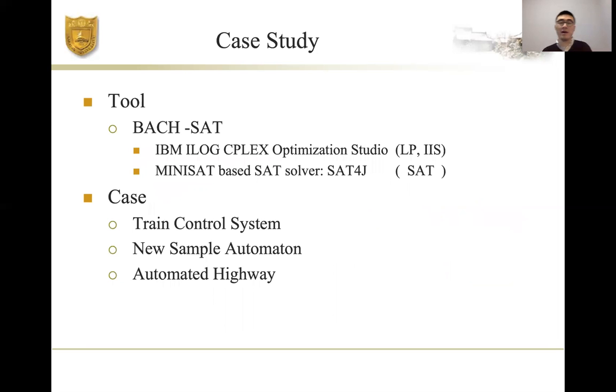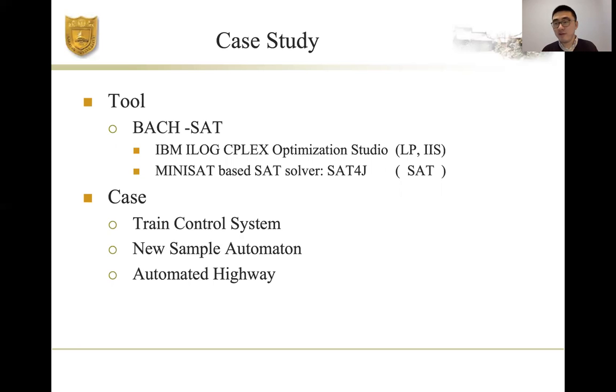Okay, now we give some case studies. First, based on this idea, we build a new tool which we call BarSat. We use IBM CPLEX Optimization Studio as the underlying LP solver. Actually, SAT is a very mature technique.